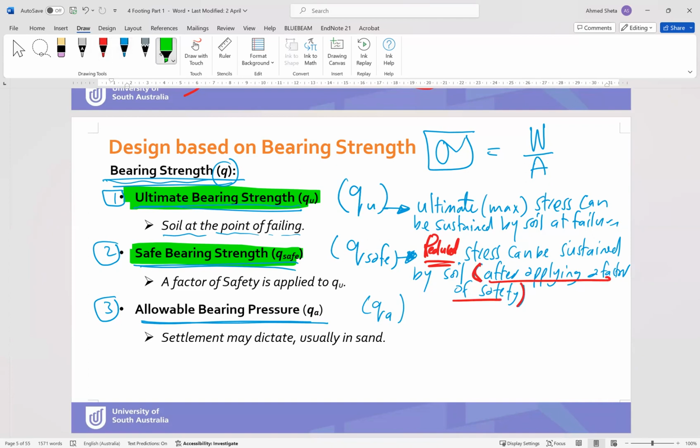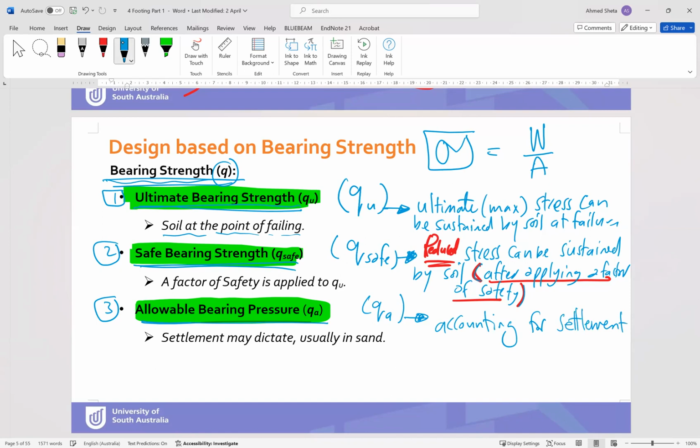The last parameter we need to know is allowable bearing pressure. The allowable bearing pressure, QA, is the pressure accounting for settlement that may happen to soil, and this is usually in sand soils.